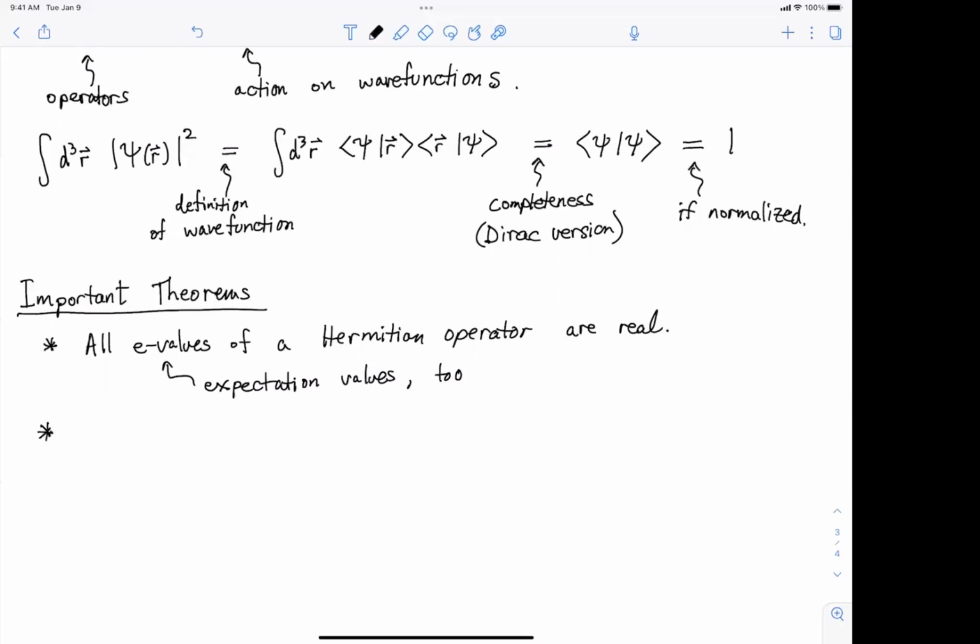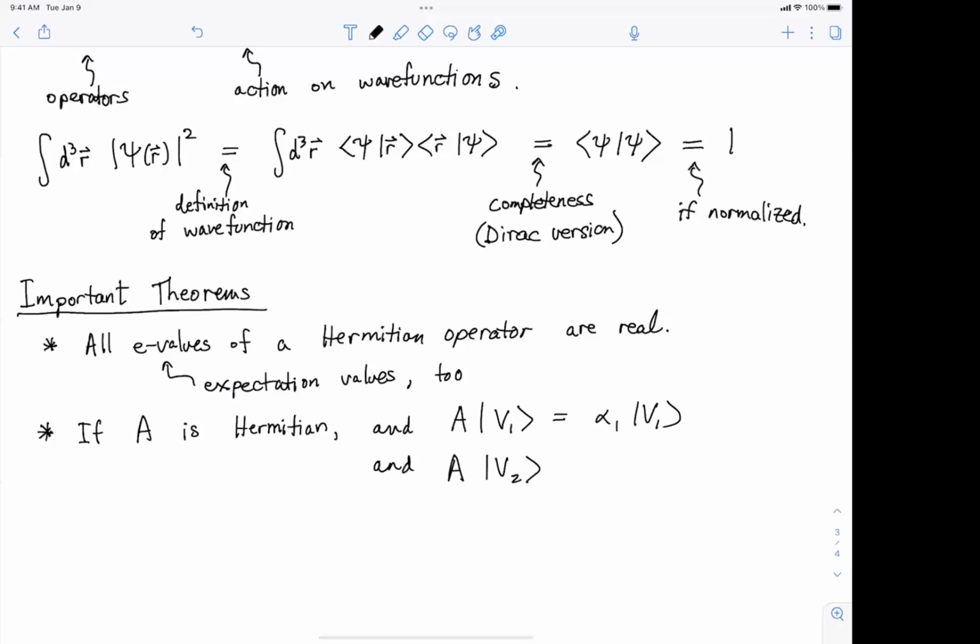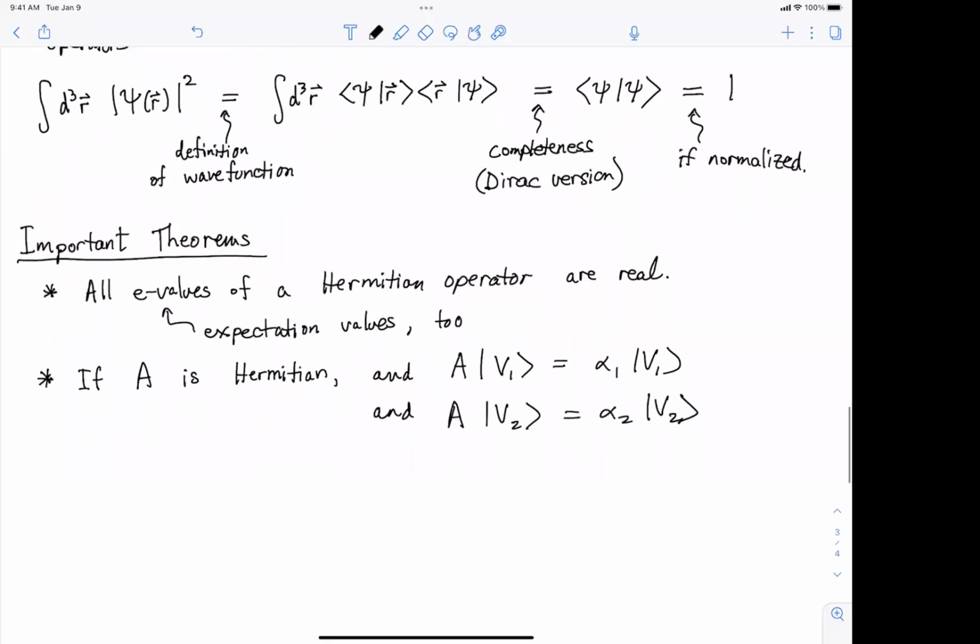Another important theorem is if A is Hermitian, so that includes all observables, but not all Hermitian operators are observables. Anyway, if A is Hermitian, and you know 2 eigenkets of it, let me call them V1 with eigenvalue alpha 1, and V2 with eigenvalue alpha 2, and we'll assume that alpha 1 is not equal to alpha 2.